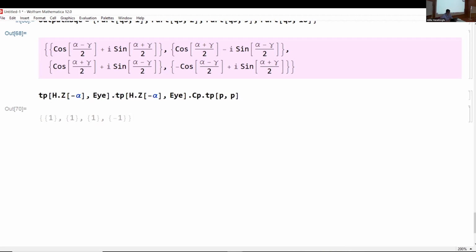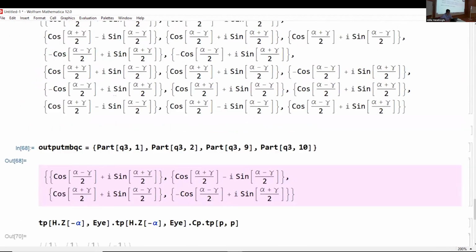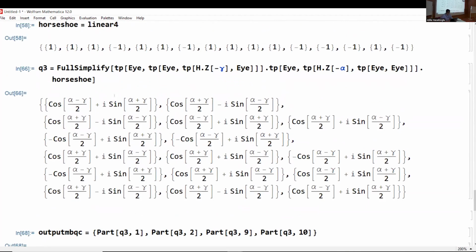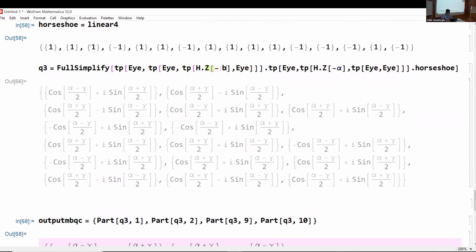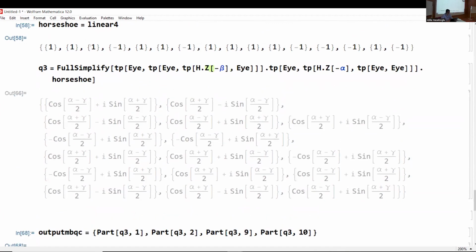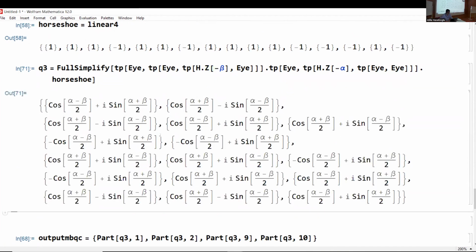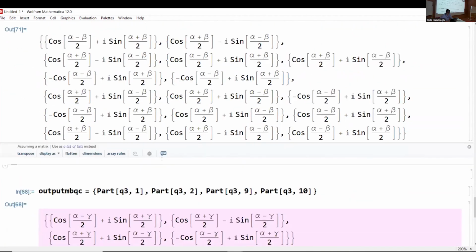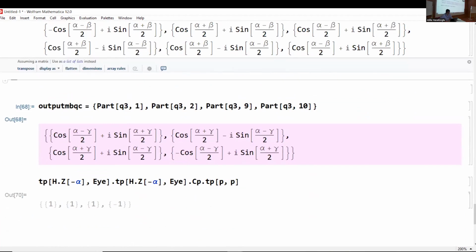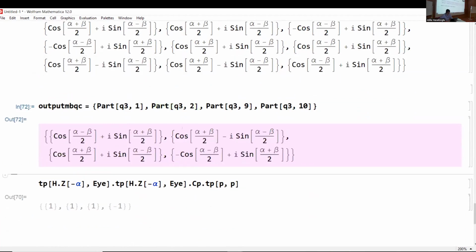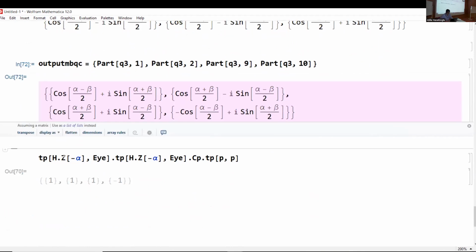Where does this gamma come from? Okay, let's use beta here. Instead of gamma, let's use beta. So now I have beta here.